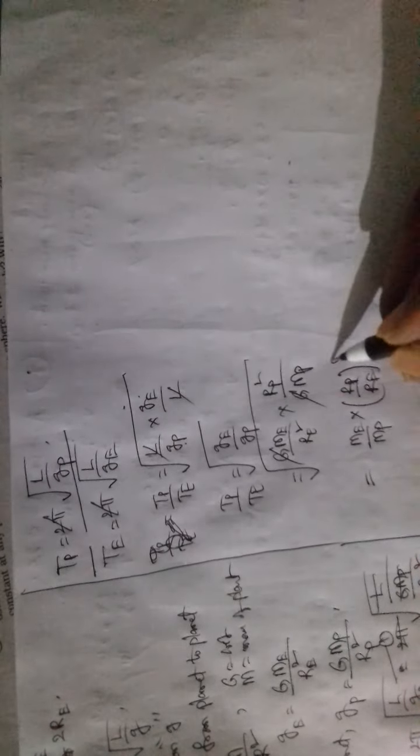Now Me into Rp square, Me by Mp into Rp by Re whole square, under root. So this becomes Rp by Re into root of Me by Mp, which is Tp by T.